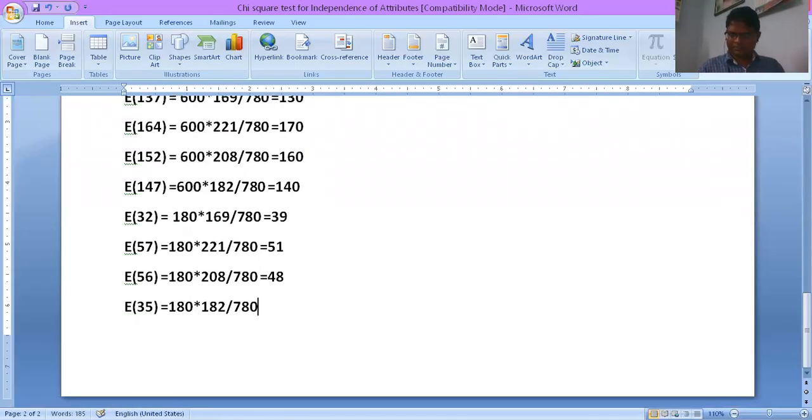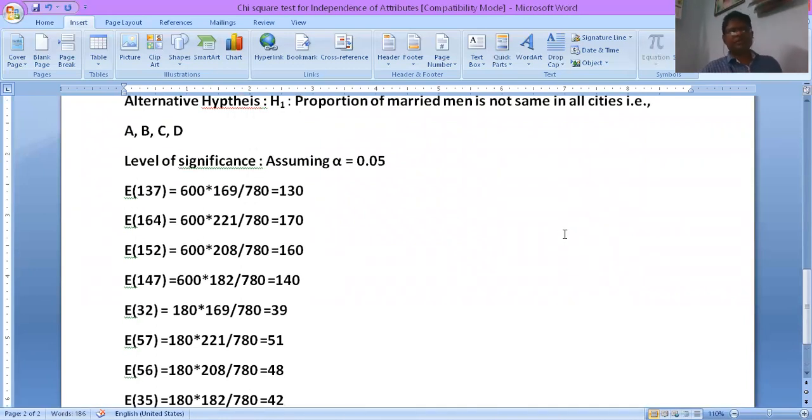Grand total, and the final value is 42. 180 into 182 divided by 780. 42. So now we have all the values of all the expected frequencies obtained by calculating using a small logic.